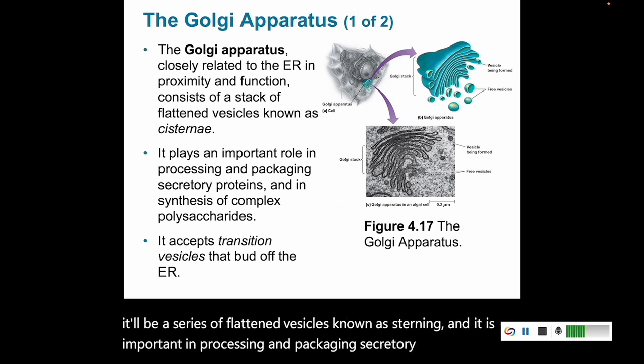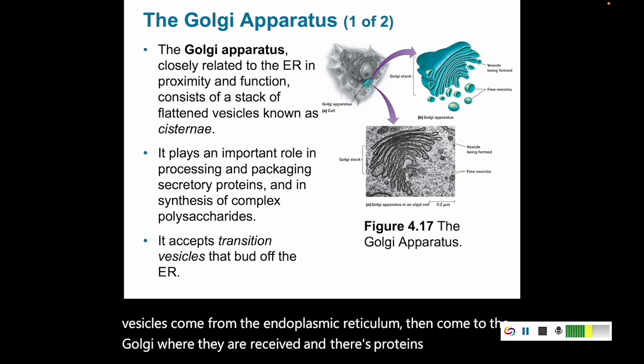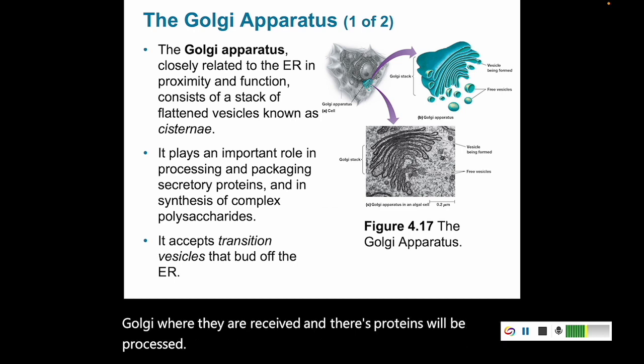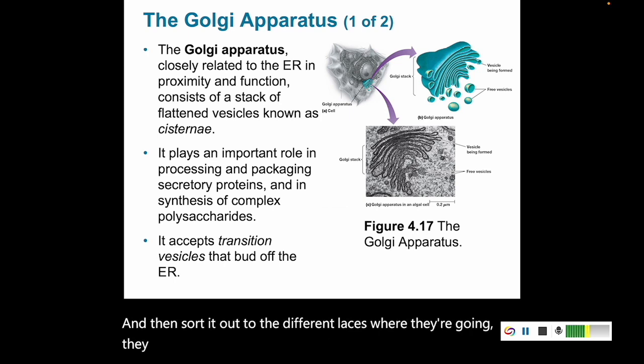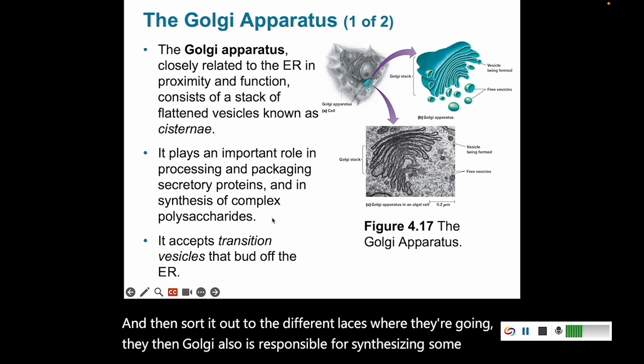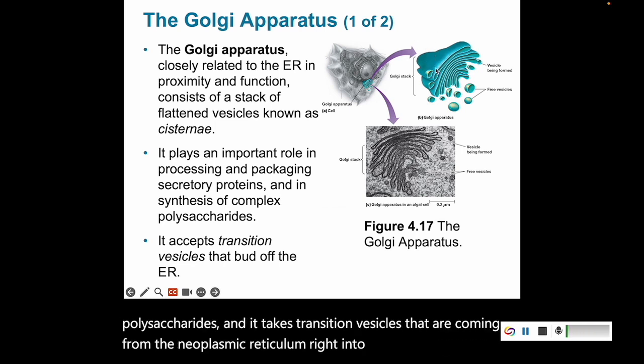These vesicles come from the endoplasmic reticulum, then come to the Golgi where they are received. Those proteins will be processed and then sorted out to the different places where they're going. The Golgi also is responsible for synthesizing some complex polysaccharides. And it takes transition vesicles that are coming from the endoplasmic reticulum right into the Golgi.